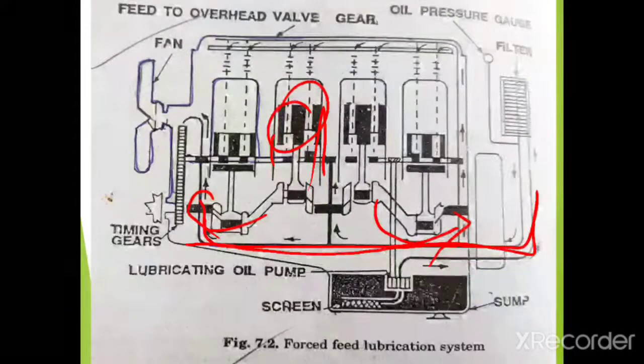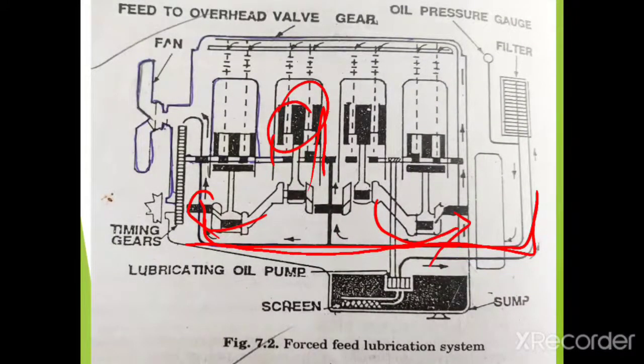The excess oil comes back from the cylinder head to the crankcase, and the pump discharges the oil into the oil pipes and oil galleries or ducts leading to the different parts of the engine. This system is commonly used on high speed multi-cylinder engines in tractors, trucks and automobiles.